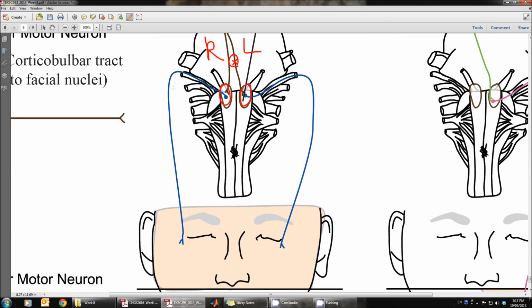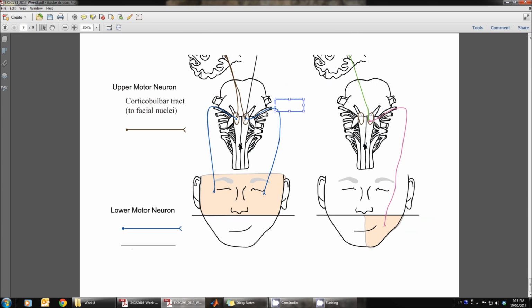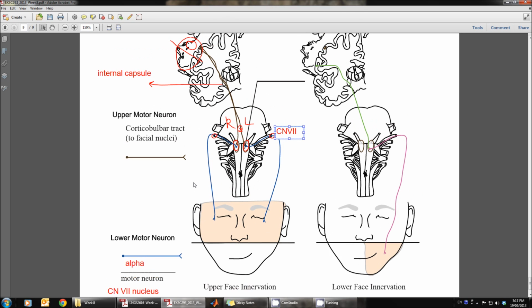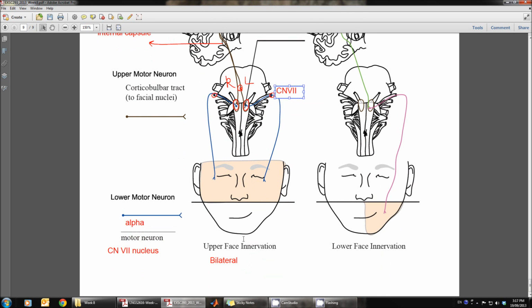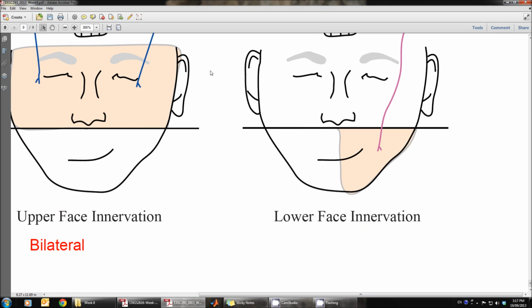And this is the branch of the cranial nerve number 7, which will have the direct connection with the muscles of the face. So that's the upper face. Lower face innervation is contralateral.